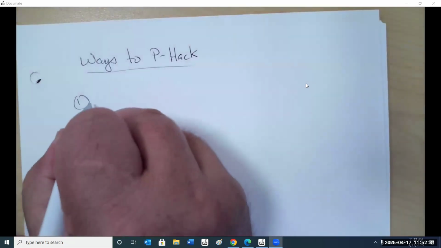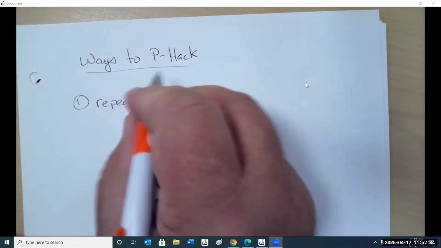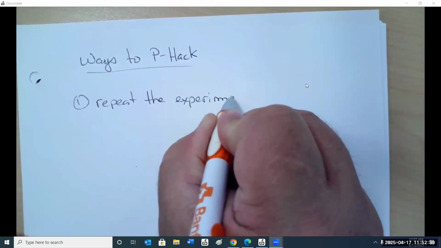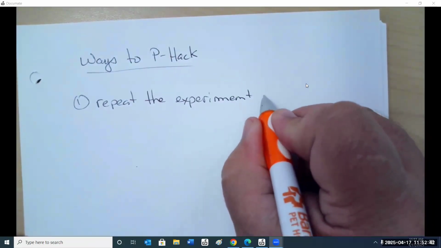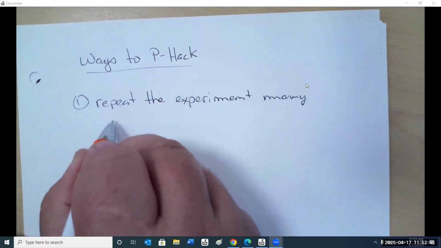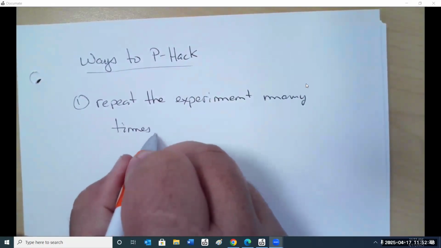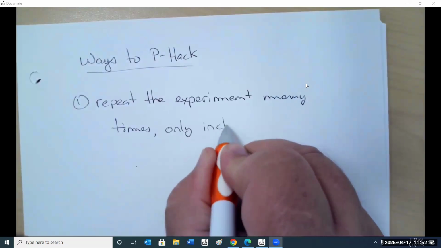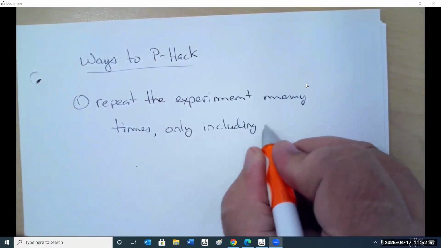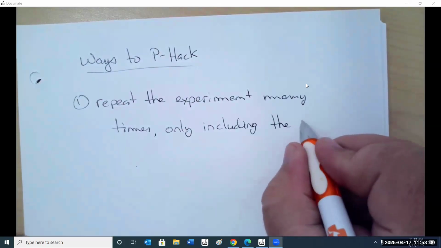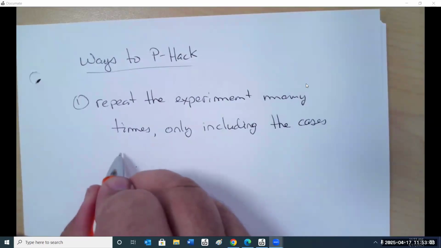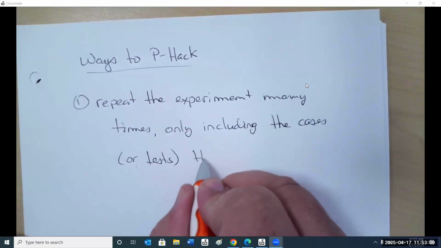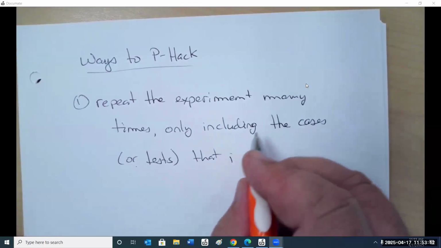Well, what people do here, one thing to do is repeat the experiment many times only including the cases or tests that provide meaningful information.